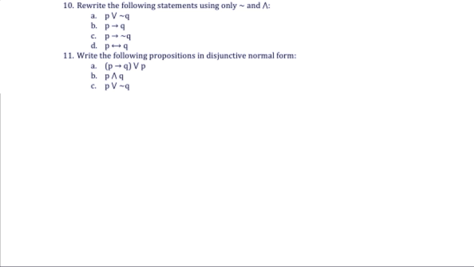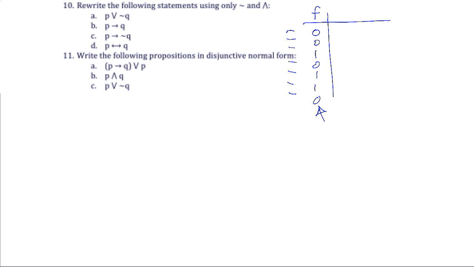If you have some function, let's say f, and however many rows you have in your truth table for that function f, you'll have a column of zeros and ones.